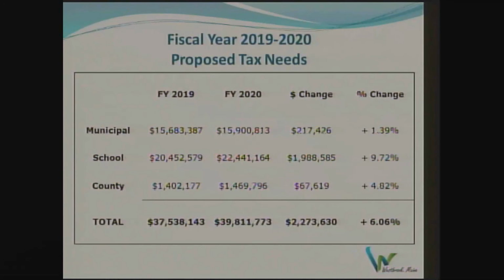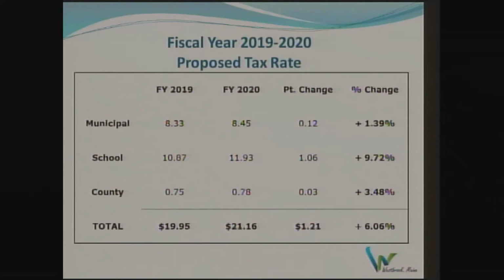The county tax, which is a net number that comes to us, is the $1.4 million, up $67,000, or 4.8%. That totals a cumulative increase in need from taxes, based on the budgets that are currently proposed to the City Council and the School Committee, of $2,273,630, or just over 6% increase in the property tax needs.